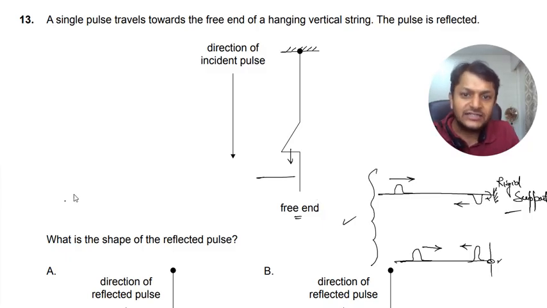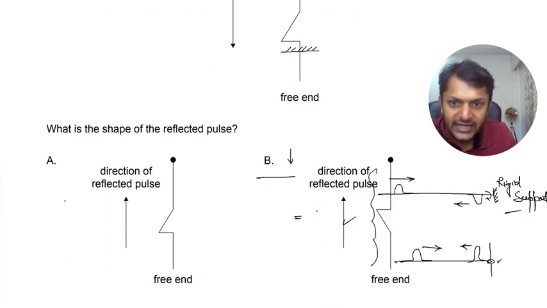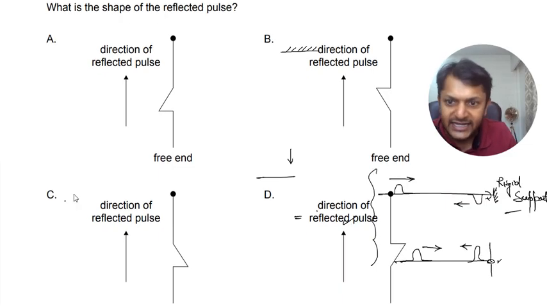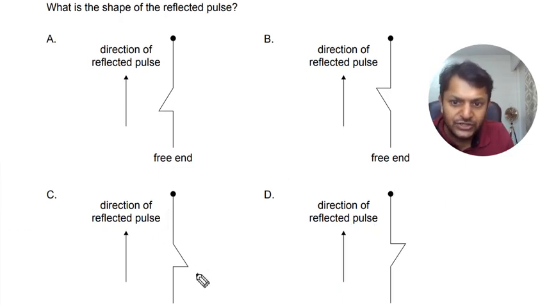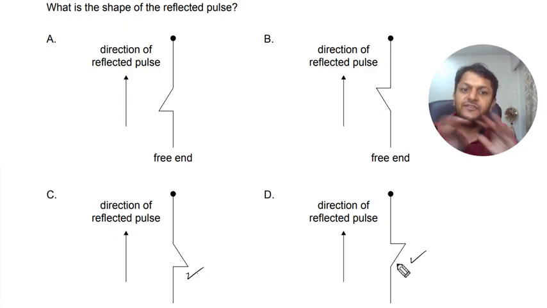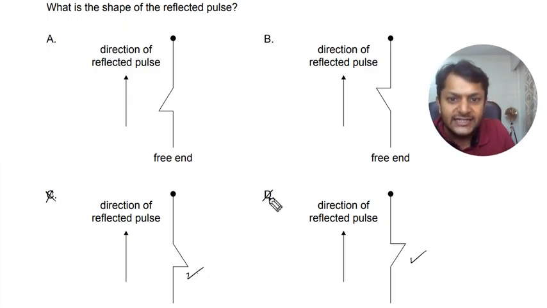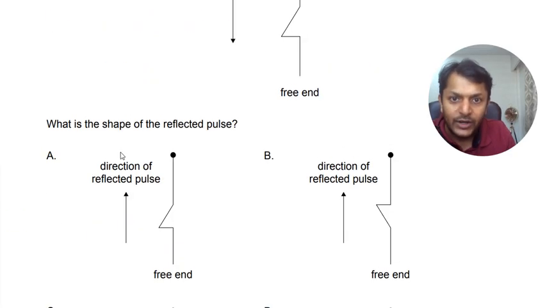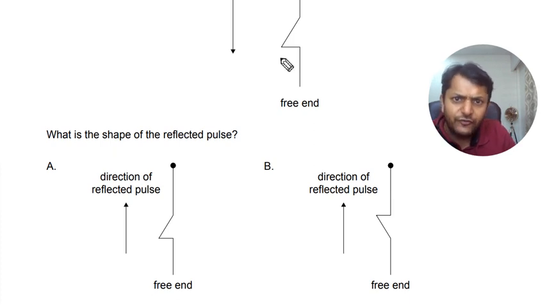So out of these options, A, B and C, D, in these two cases the pulse is inverted, and so definitely C is wrong and D is wrong. There is nothing that we can do about it. Now moving on to A and B. You have to consider this.